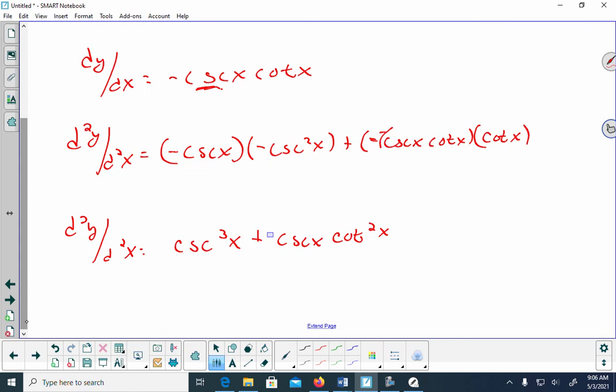All right, so now I'm going to factor out a cosecant. So when I do that, just one cosecant, that's all I can factor out. I'm going to have cosecant squared x plus cotangent squared x.